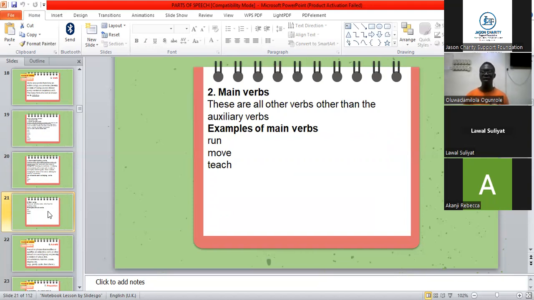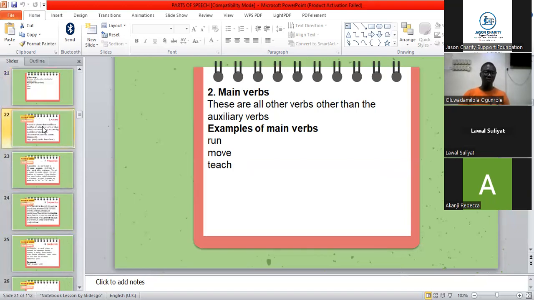But for our main verbs, every other type of verb after removing your auxiliary verbs is called a main verb. So from your run to your move to your teach to your kick and all sorts of other verbs, they are the main verbs. So that is that with verbs.